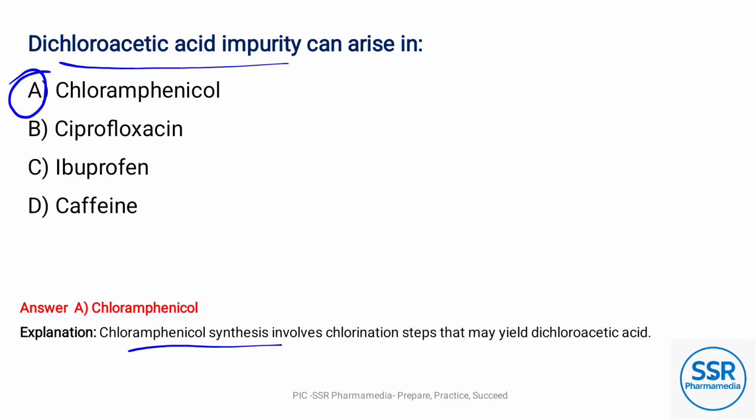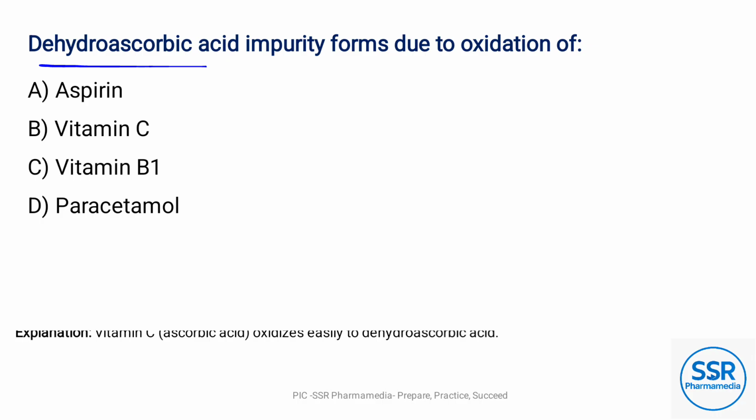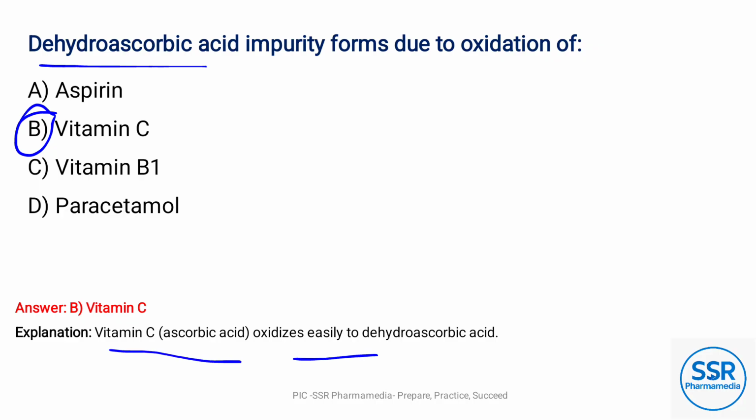Chloramphenicol synthesis involves a chlorination step that may yield dichloroacetic acid. Dehydroascorbic acid impurity forms due to oxidation of, option B is the answer, vitamin C. Vitamin C, the ascorbic acid, oxidizes easily to dehydroascorbic acid.